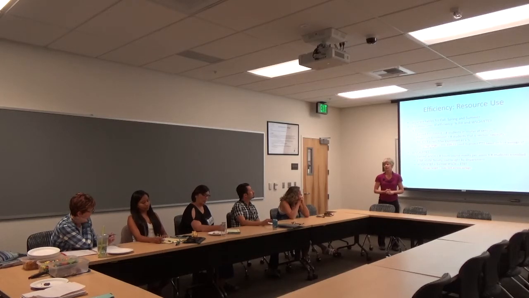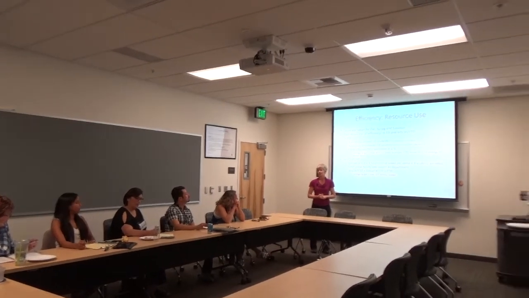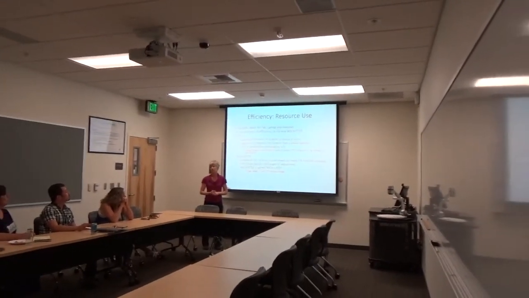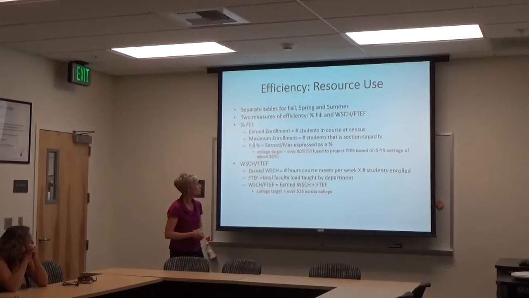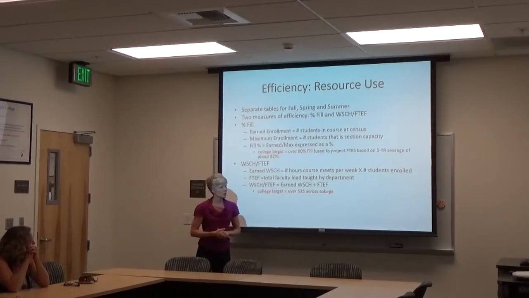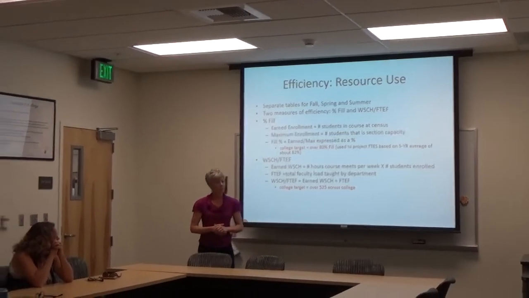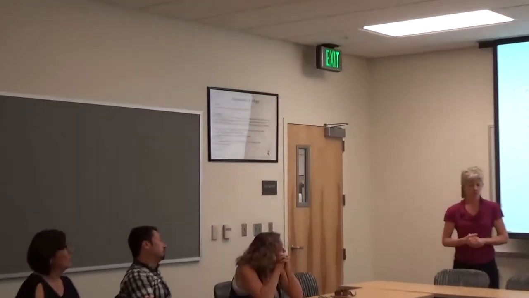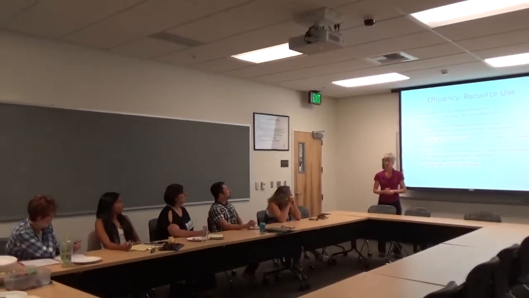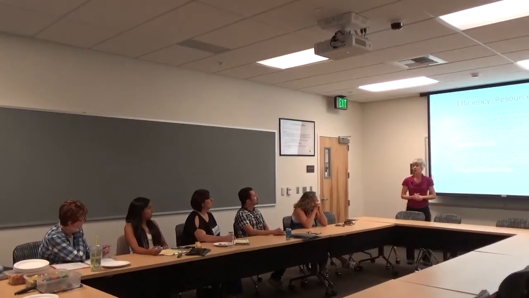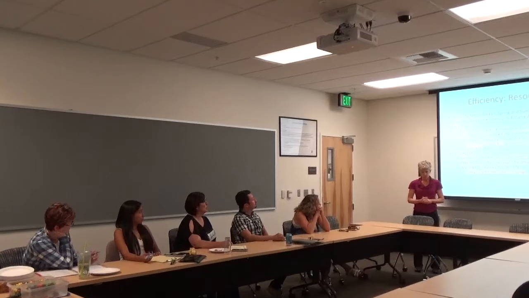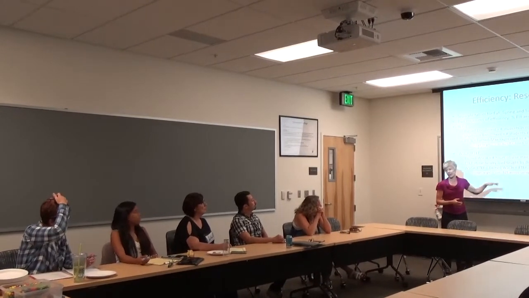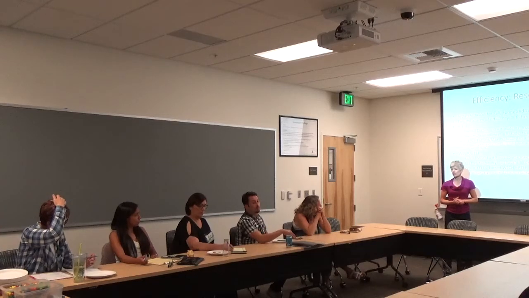Okay, that just seems like a really high FTEF. Is that really high? Because you said it's a ratio, about 30 WSCH is 1 FTES, so I just divided 525 by 30. So 17.5 FTES is what this target would be in FTES. Okay, and is that high? Well, for a department to meet?